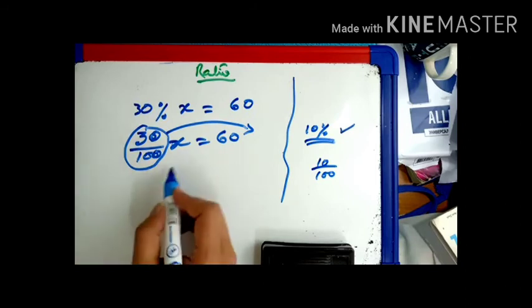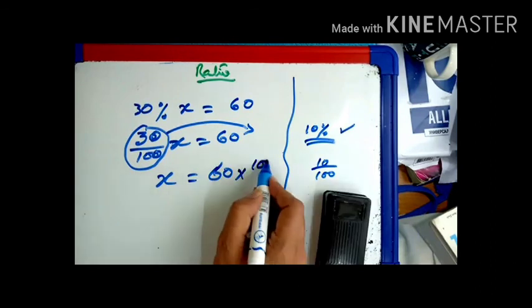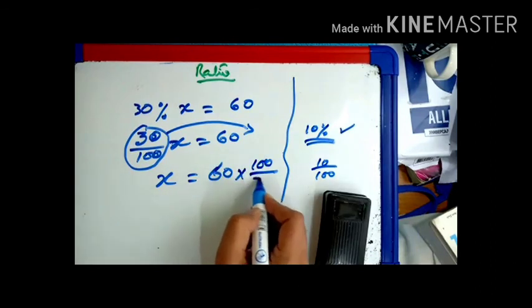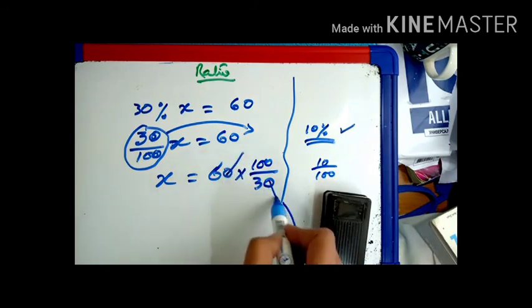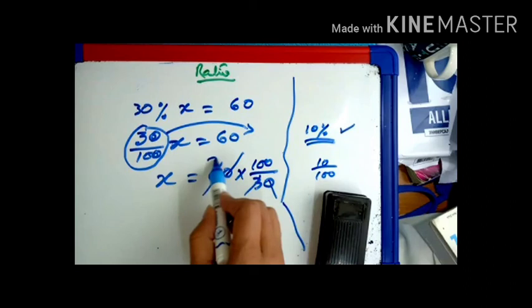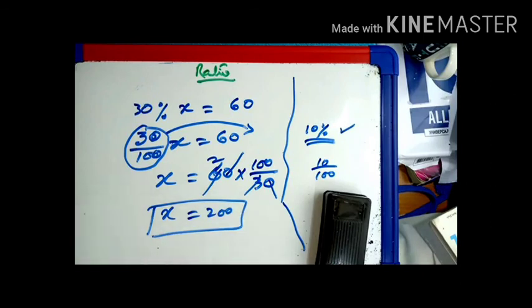This is, I think, the easiest way I can tell you. Now easily you can handle it. 0 cancels with 0, 3 cancels with 6, and the answer is 200. You agree?